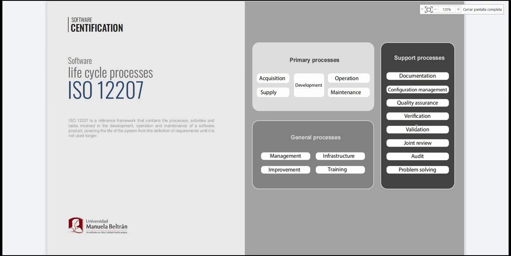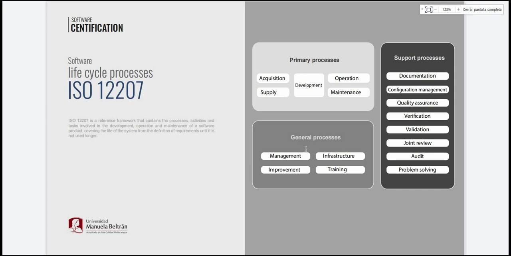Audits: these activities allow determining at certain times if the objectives proposed have been achieved, requirements met, compliance with the contract, etc. And problem solving: these are activities that allow analyzing and resolving problems or disagreements with the requirements or with the contract which have arisen during development, operation, maintenance, or at any other time.